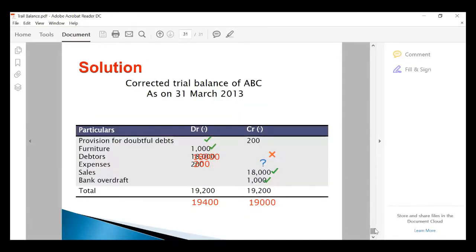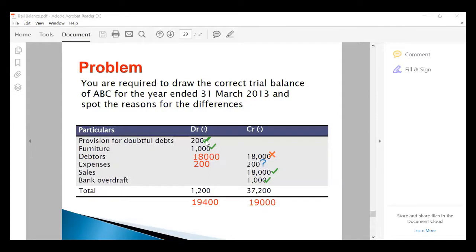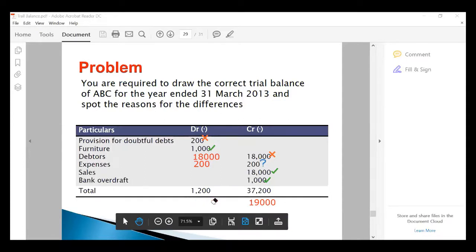So that is rare. Okay, so here the provision for doubtful debt is what? Bad debts. The provision is taken as a credit, but provision for doubtful debt, I don't know. Let's see. So here this will come and this may not come. So the answer could be 19,200.